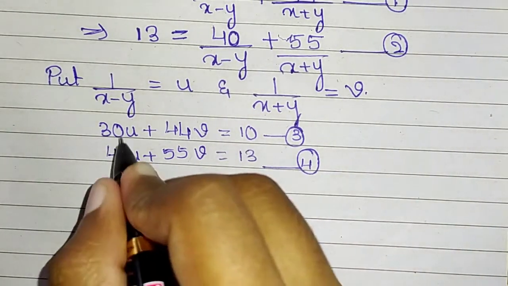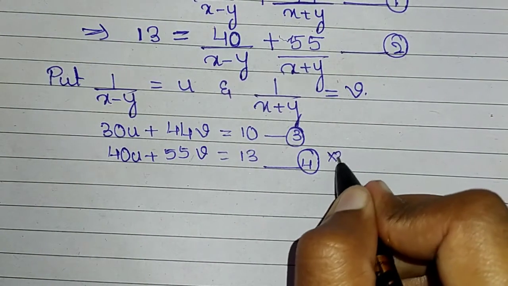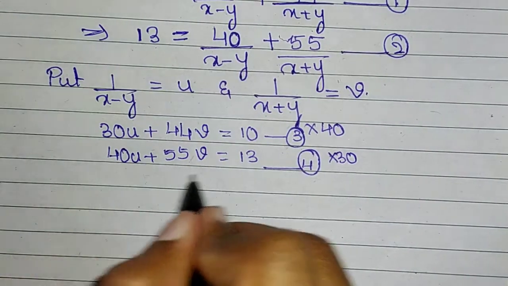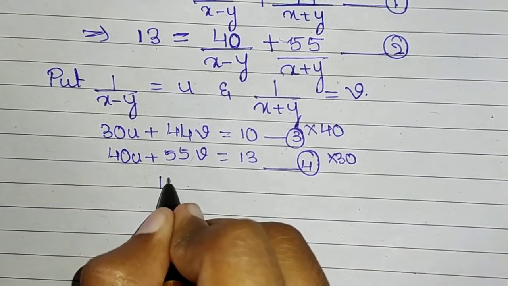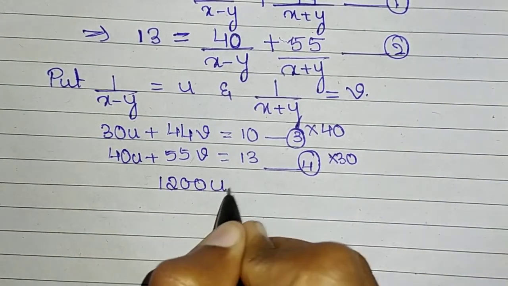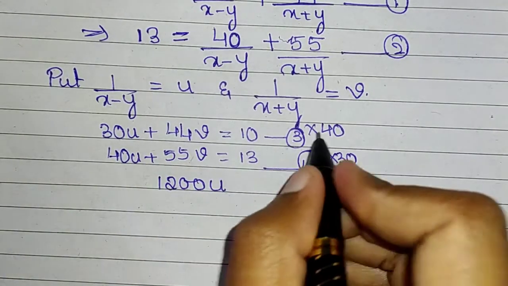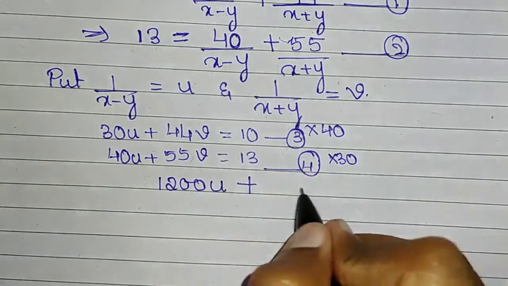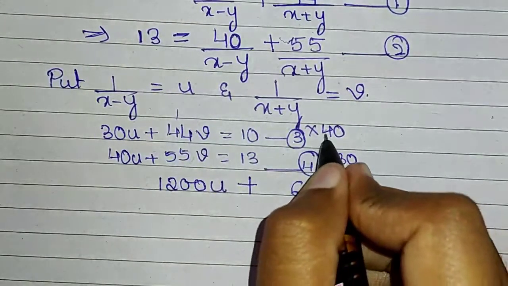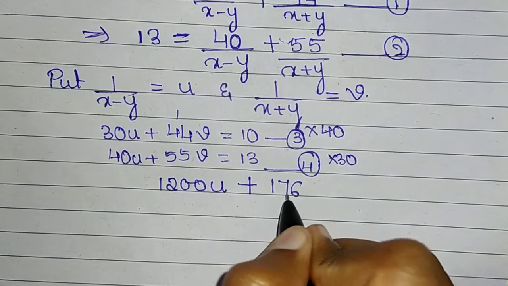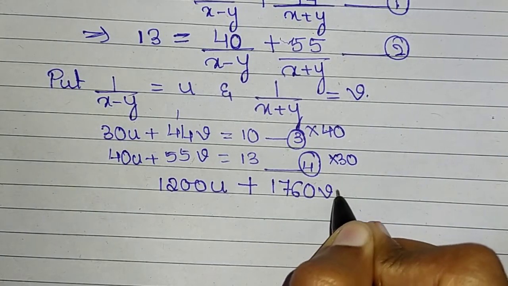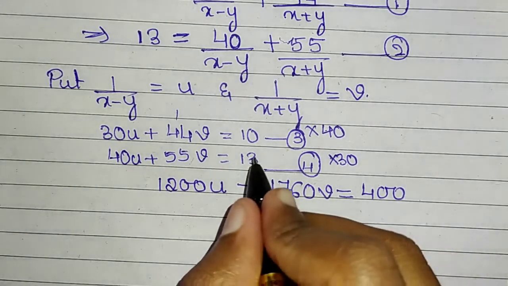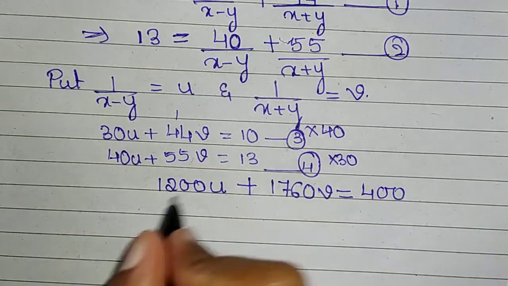Here let us eliminate the variable u. So multiply equation 3 by 40 and equation 4 by 30. Cross multiplying the coefficients, we get 40 into 30, 1200u, plus 40 into 44, 1760v, is equal to 40 into 10, 400.